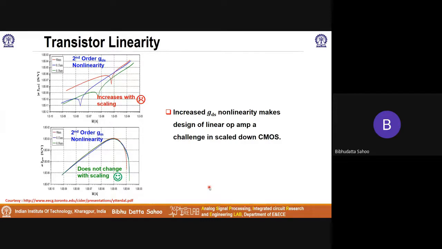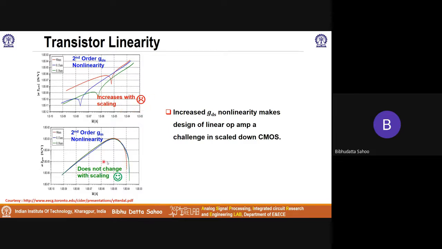You can see that the lower technology nodes are more nonlinear. 180 nanometer is much better than 130 nanometer, and then 90 nanometer is the worst in terms of GDS nonlinearity. So this increases with scaling, which is a very bad thing.